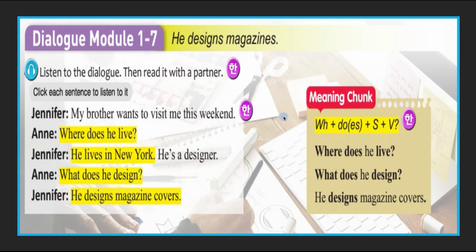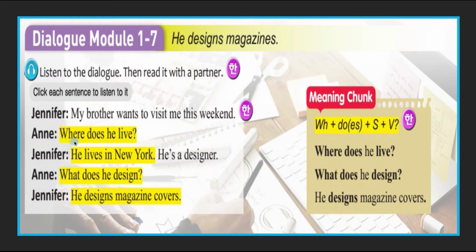So here in our meaning chunk, we have this where plus the auxiliary do or does, plus subject, plus verb, and then we've got the question mark. So here we can see the question word, where, then the do, does, subject, he, verb, live.